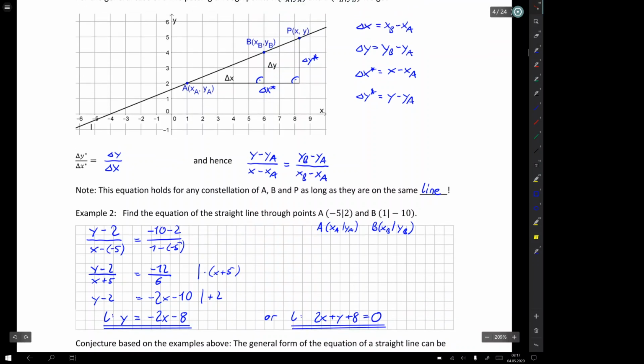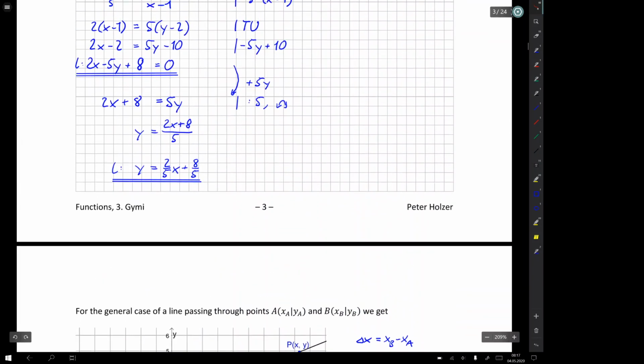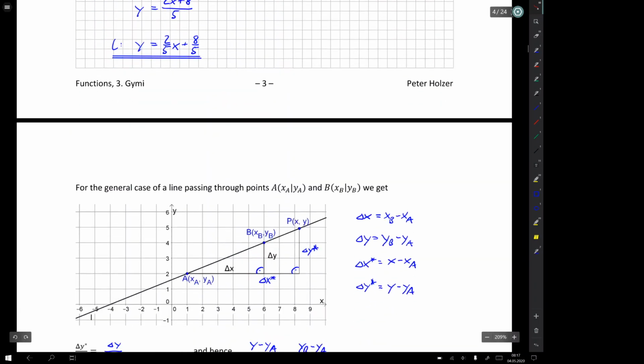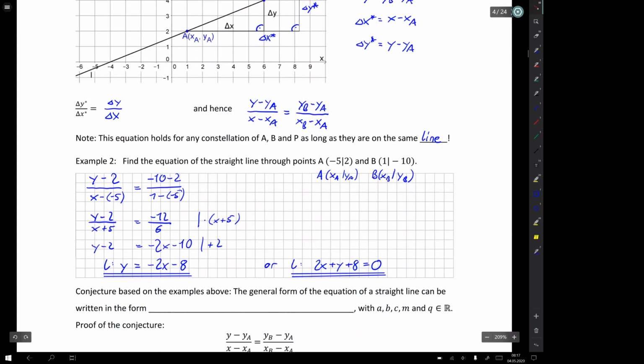Let us now have a look at the result of example 1 and compare it with the result of example 2. Let's start with this result here. We found 2x minus 5y plus 8 equals 0. And here we found 2x plus y plus 8 equals 0. So we have both times a very similar structure.